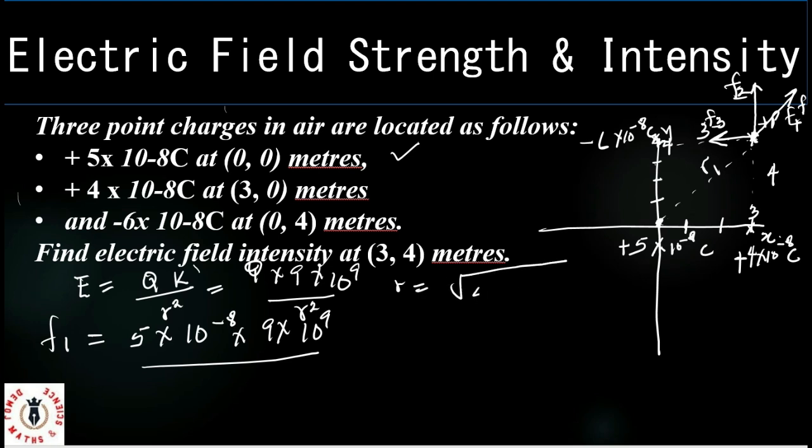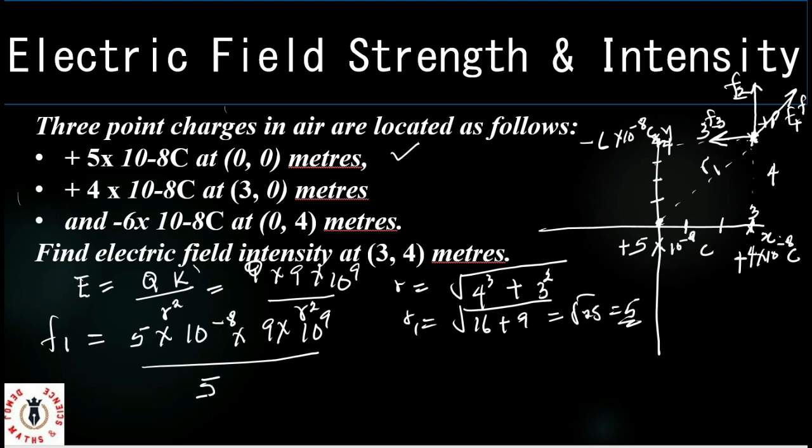That will be the square root of 4 squared plus 3 squared, because from here to this point is 3, and from here to this point is 4. So that R will be the square root of 16 plus 9, which is the square root of 25, which is the same thing as 5. So my R1 here is 5.